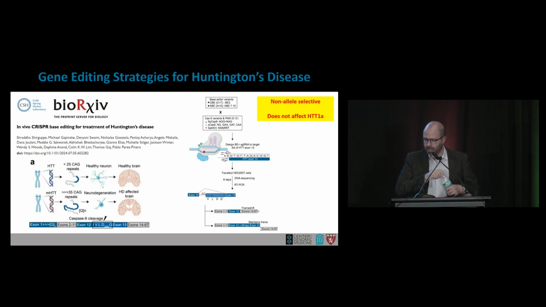Again, non-allele selective. This sequence will be common across both alleles, and it may not address issues such as HTT1A.